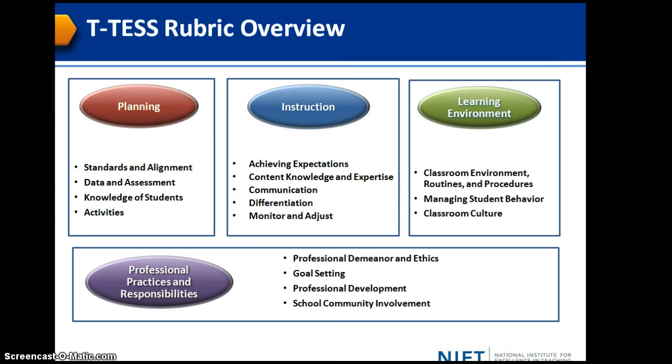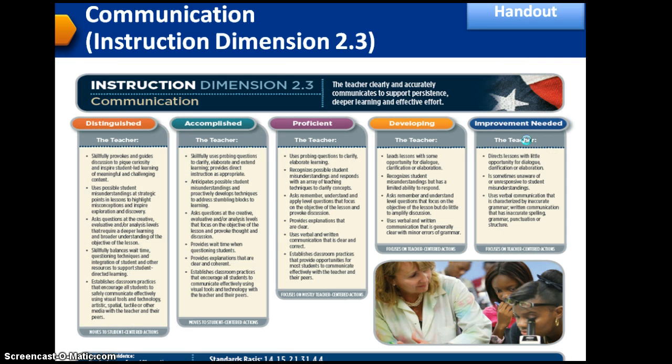So like we said, these are the 4 areas that we're looking at: planning, instruction, learning environment, and professional practices and responsibilities. The top 3 are what your principal will be looking at through observations. Here is just another example of this. This is instruction, and you'll see again, this might be communication. It's another sample of what's going on. And it will tell you exactly what they want.